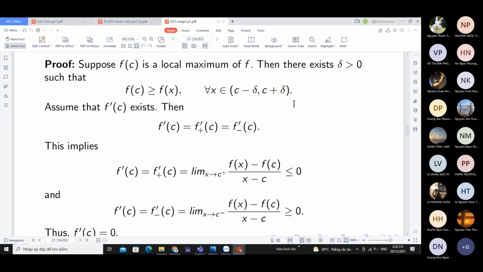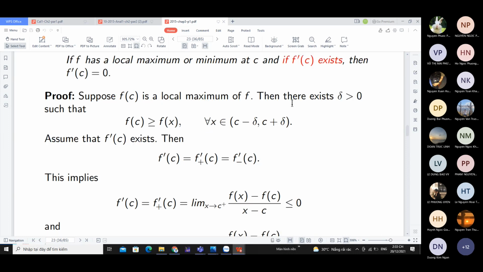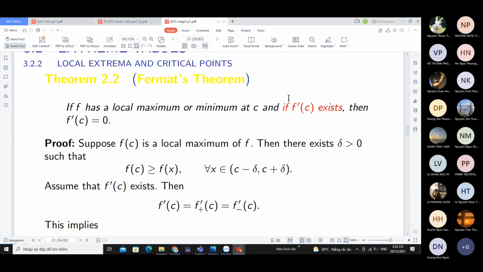If f of c is a local minimum of f, the proof is very, very similar to what we did here. So in summary, you see, if the function f has a local maximum or local minimum at c, and f prime of c exists, then f prime of c must be 0.